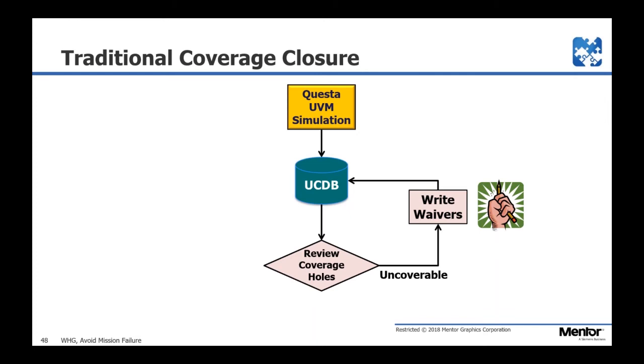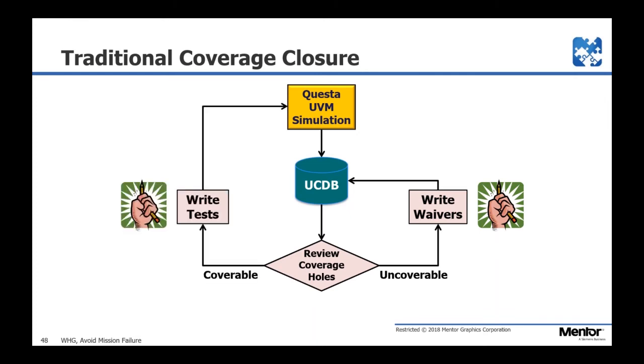And so I'll write some manual waivers, and I'll create this waiver statement for my coverage. Or you say, well, I think those lines of code are coverable, so let me write some more tests trying to cover those. Let's run those tests. Let's merge that into my database and see if I've covered those.